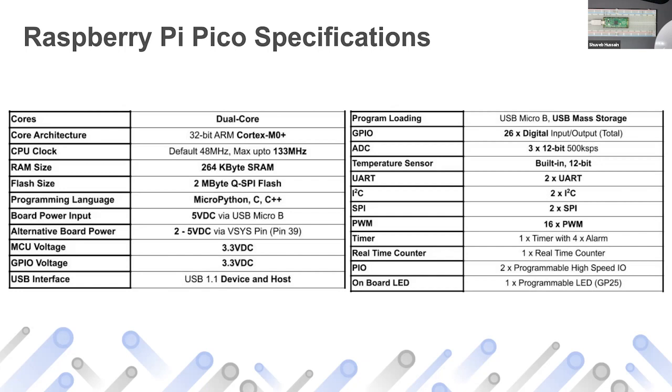So there is a temperature sensor on board, and then there is a universal asynchronous receiver transmitter. It's just a fancy name for a serial port. It's got two of them. It's got two I2C ports. I2C is a very popular protocol. It just uses two wires, one clock and one data, and it's packet switched, meaning that using just two wires, you can connect up to 256 devices, right?